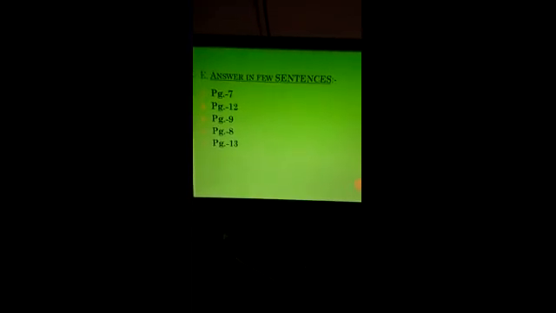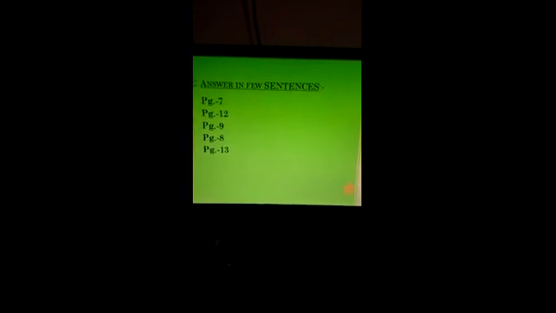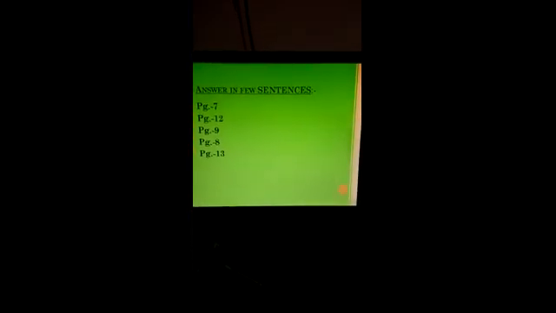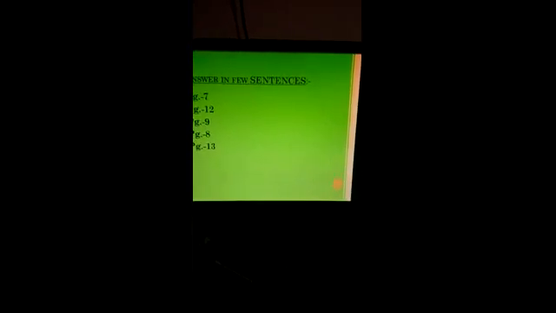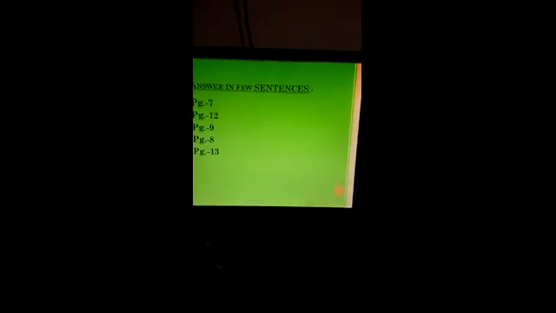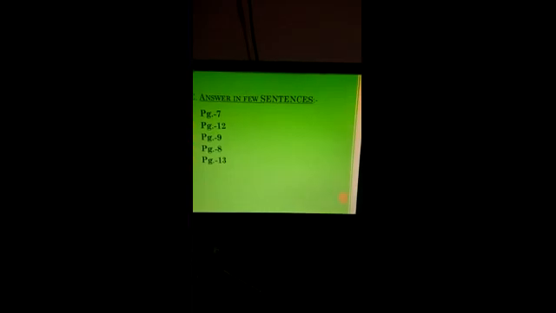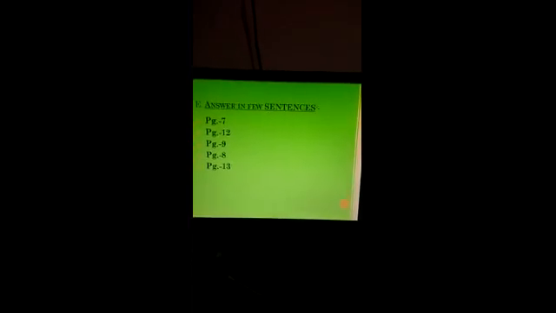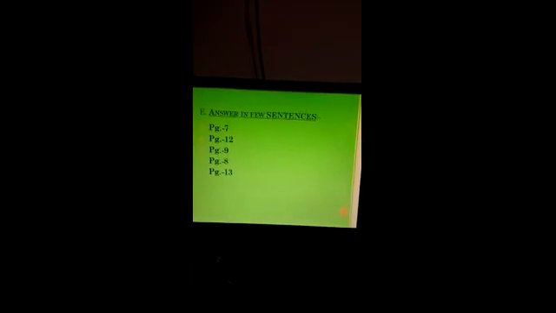Question number 2. What are insectivorous plants? How do they trap insects? Move to page number 12. Plants that derive some of their nutrition from insects are called insectivorous plants. Then move to the fourth paragraph.